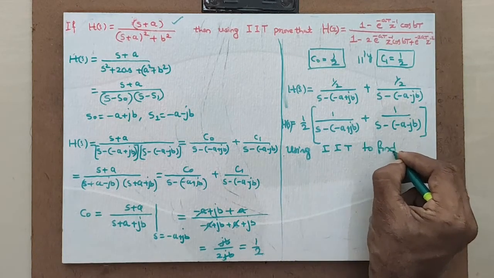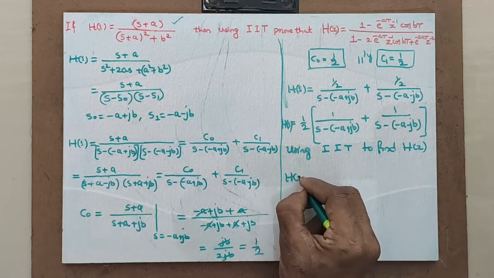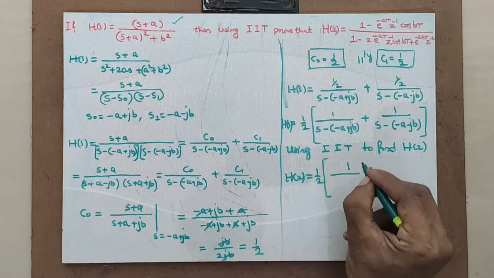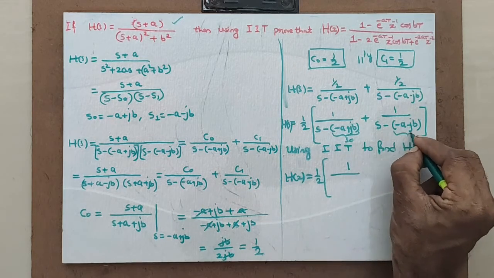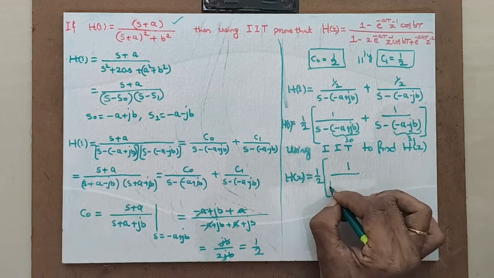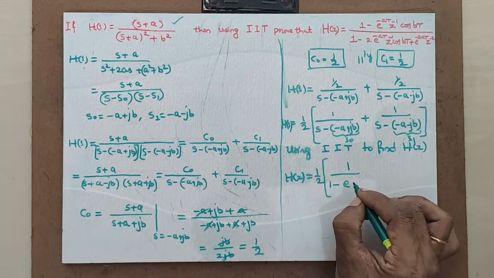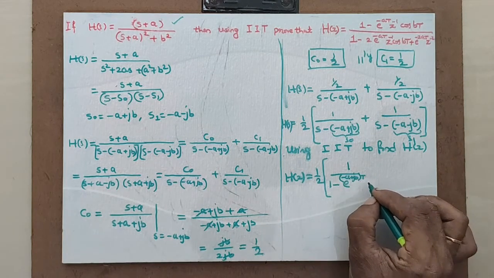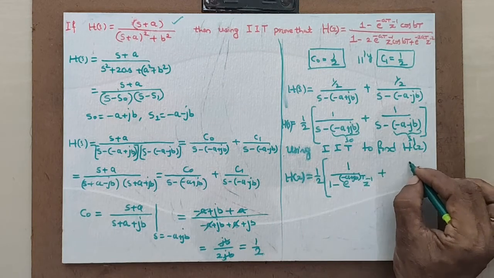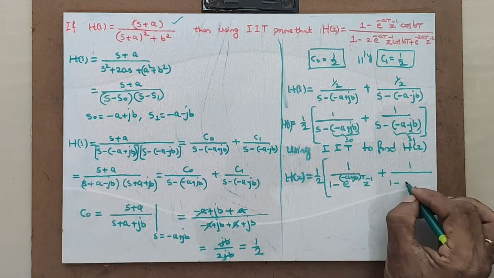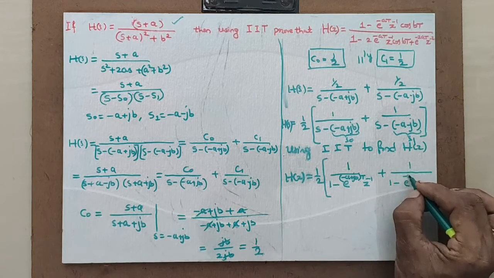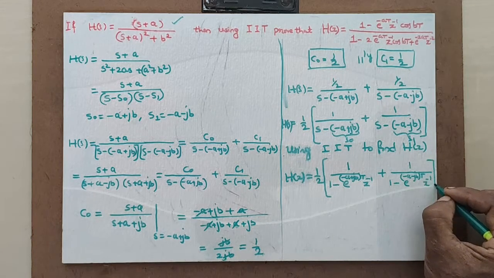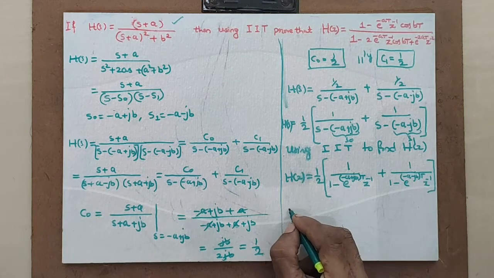H of z is equal to half outside, and here this is s naught and this is s1. So 1 divided by 1 minus e raised to s naught t, that means minus a plus jb into t, z raised to minus 1, plus 1 divided by 1 minus e raised to s1 t, minus a minus jb into t, z raised to minus 1. Now you have to do the cross multiplication and simplification.